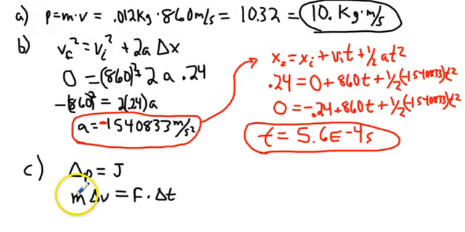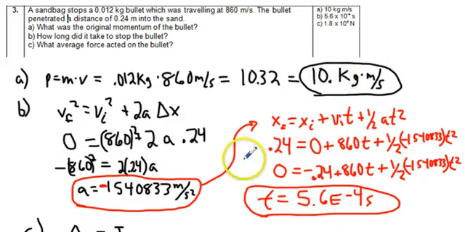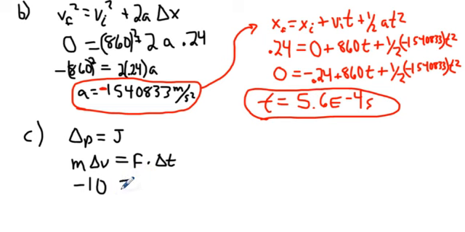So you'd say negative 10, because that's our momentum from this part up here, equals F times the time that we just solved for, 5.6 e to the minus 4.